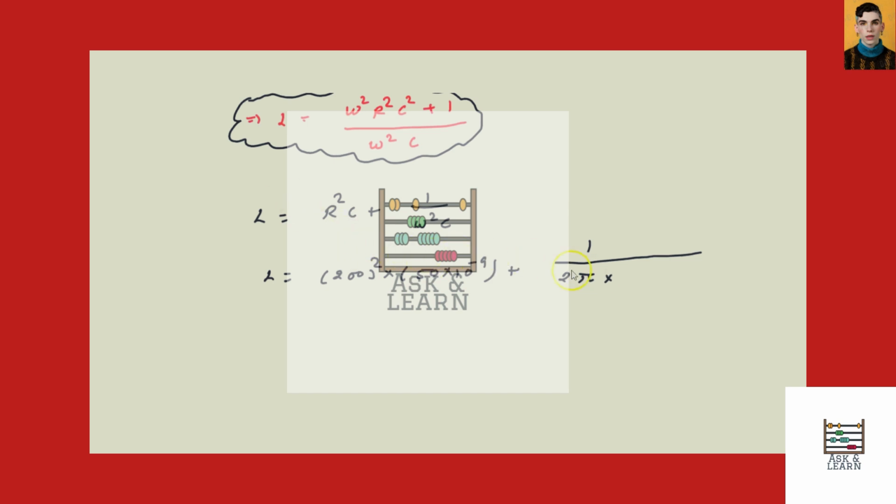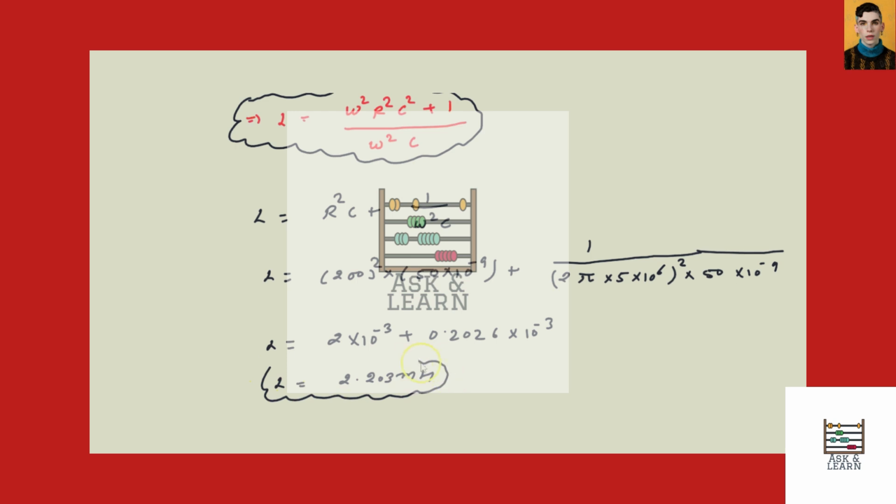So it is 2 pi times 5 into 10 to the power 6, whole square, into capacitor 50 into 10 to the power minus 9. Solving this equation, the value is 2 into 10 to the power minus 3 plus 0.2026 into 10 to the power minus 3, and the value of inductor L is 2.203 millihenry. This is the resultant value of inductor when our circuit impedance is resistive.